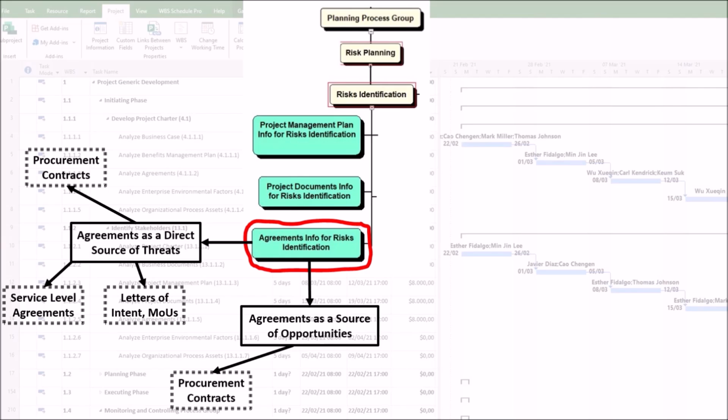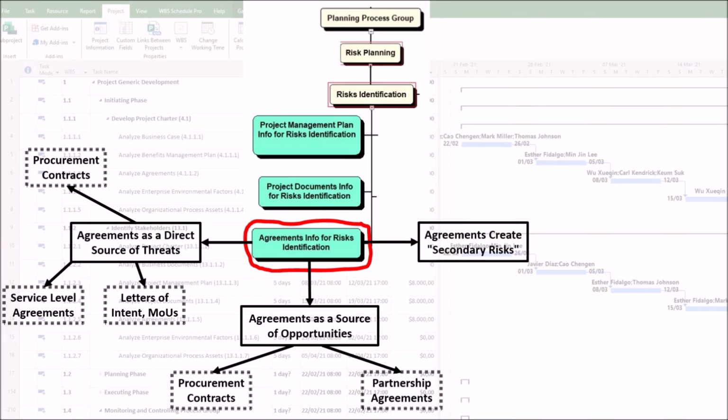Another significant opportunity is that a vendor may offer volume discounts, creating an opportunity to reduce costs if project scope can be adjusted to consolidate purchases. Second, partnership agreements. A significant opportunity lies in the possibility of an agreement with a technology partner that can grant access to beta features or expert support, giving the project a competitive advantage.